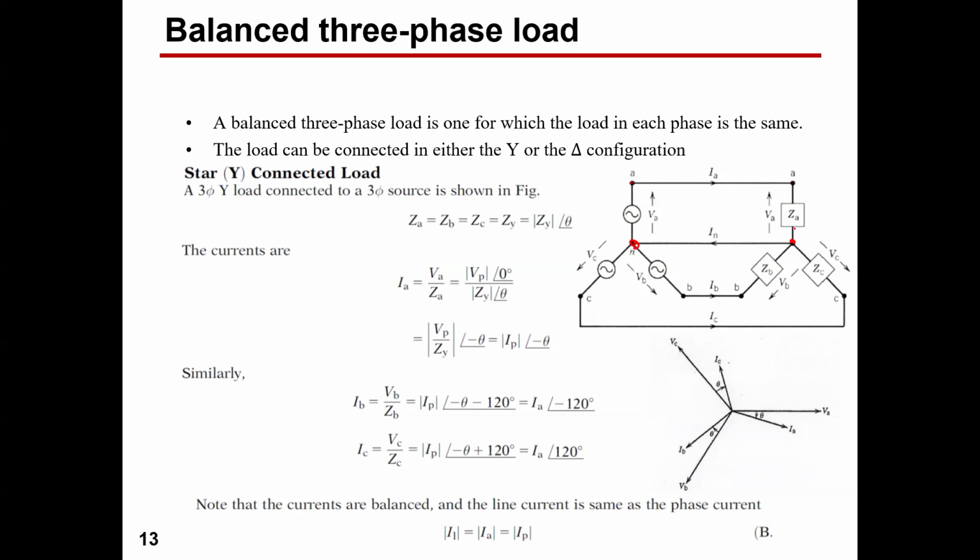So you can simply say IA equals VA divided by ZA. So we can say I phase equals V phase divided by our impedance. This is simply what we need. And in the end, the phase shifts will be according to the angle minus or plus 120. This is the case for the Y-Y connection.